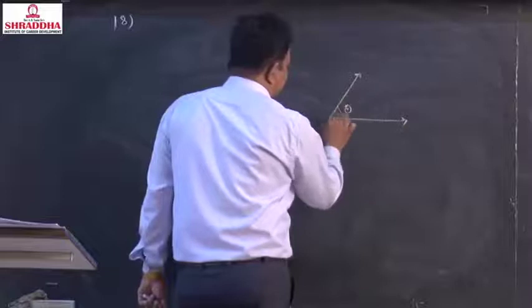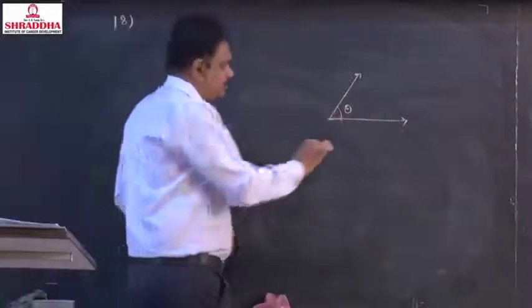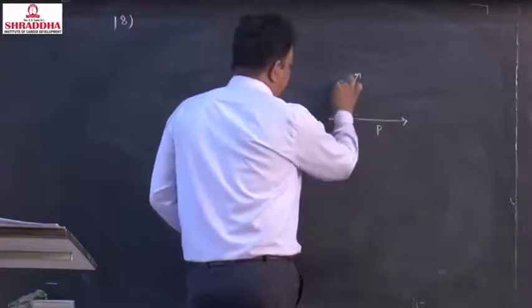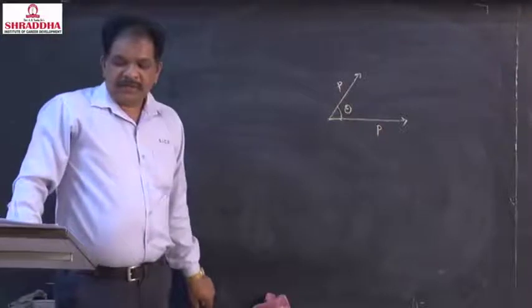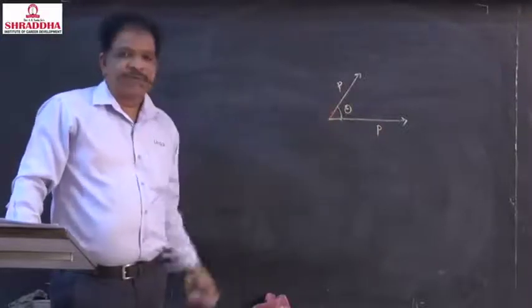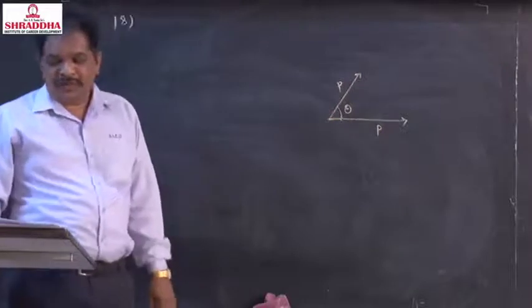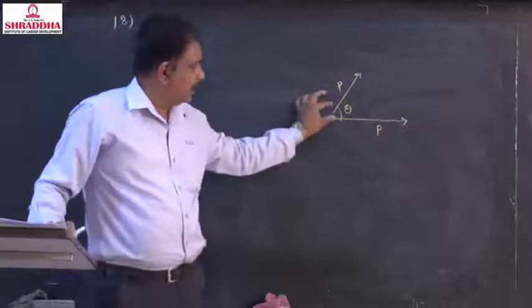Some angle is there in between them. We don't know. But these two vectors are equal vectors. So they are mentioning two vectors of equal magnitude P are inclined at some angle.